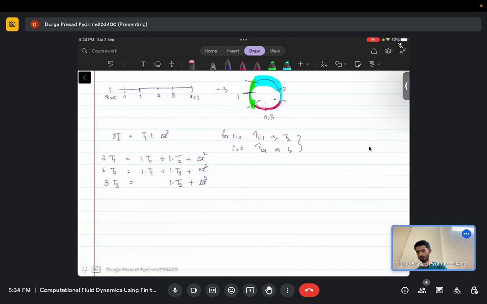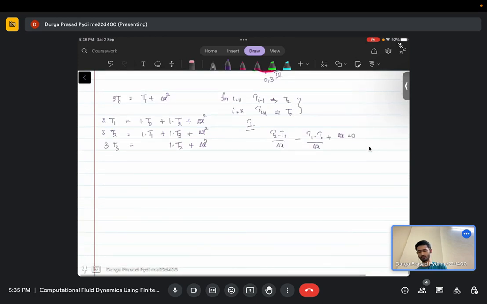We'll call them 1, 2, 3. If I'm writing the equation for 1, how will it be? On the east face we'll have t2 minus t1 by delta x. On the west face it will be t1 minus t0 by delta x, plus we have a source term equals 0.